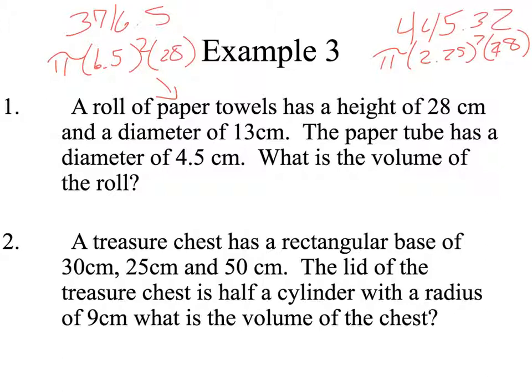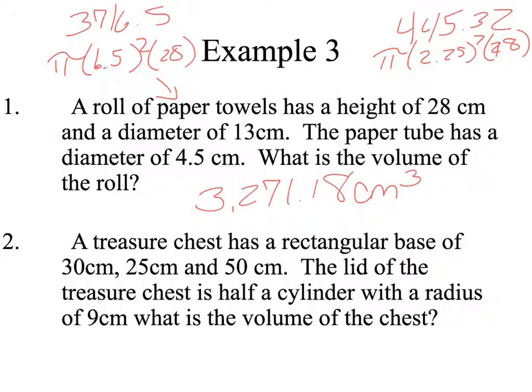We're going to subtract those two. 3716.5 minus 445.32. And get a volume of just the roll, so just the bulk of the paper towels, will be 3,271.18 centimeters cubed.